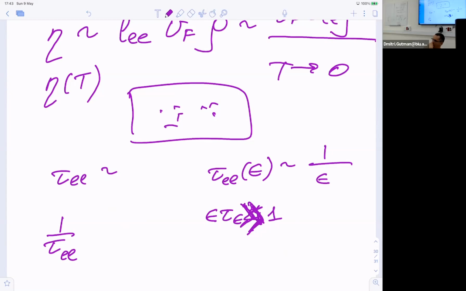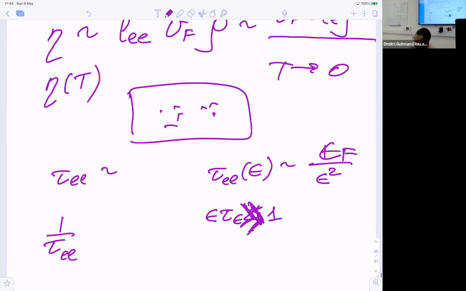There should be some dimensionless function. So tau is 1 over epsilon times some dimensionless function of epsilon. No, it's not 1 over epsilon at all. It's a different power. It's 1 over epsilon squared.